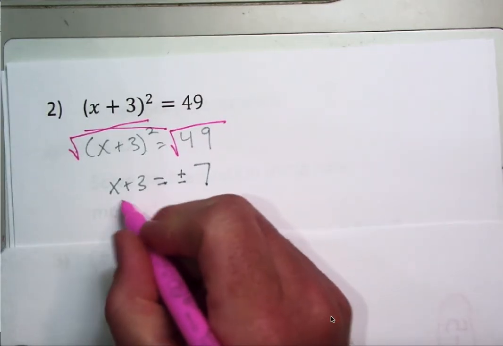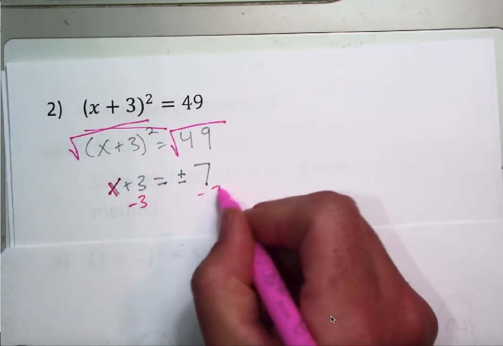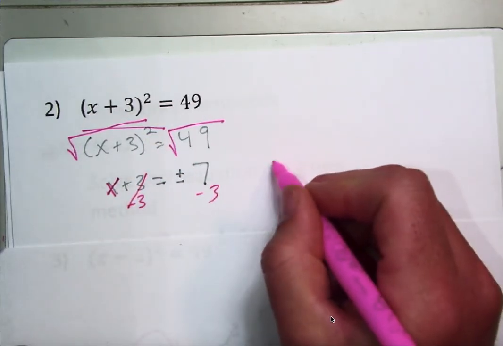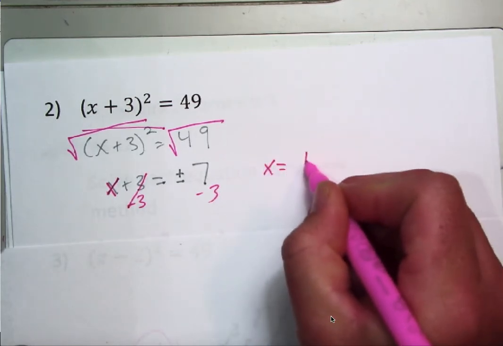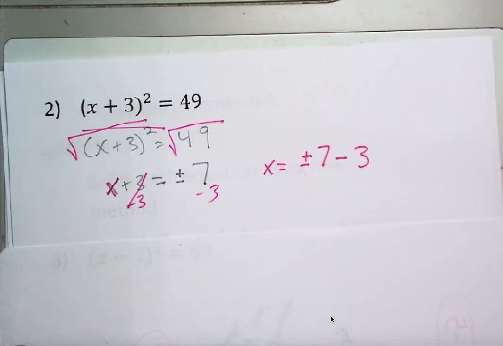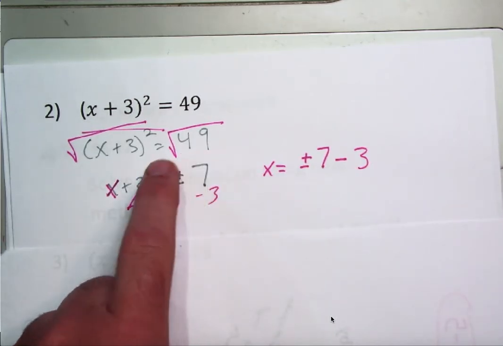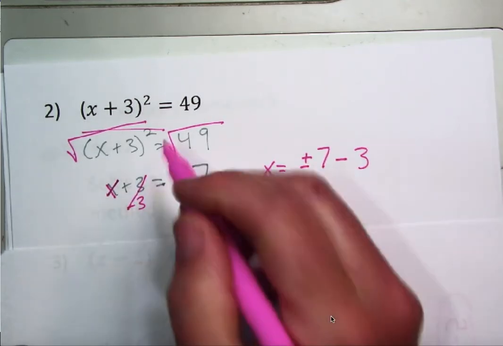Then, to get x by itself, we undid that square, and now we just take away 3. So x equals positive or negative 7 minus 3. But be careful. When we take the square root of 49, we get both a positive and negative answer.